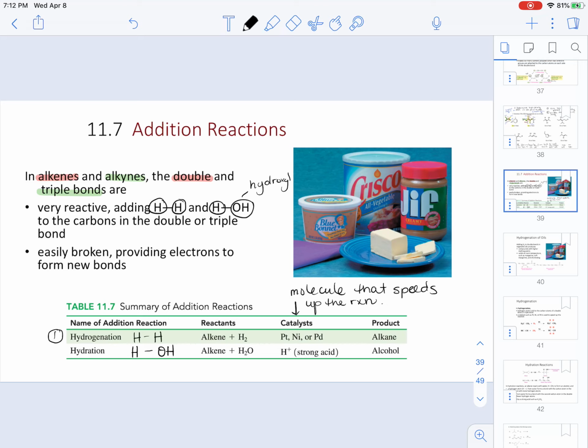They are going to be produced at the end of the reaction so they can continue and process the reactions. In a hydrogenation reaction, as a product, we can obtain an alkane, while when we have a hydration reaction, we are going to be obtaining as a product an alcohol.